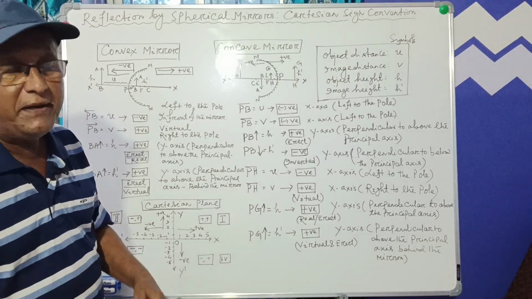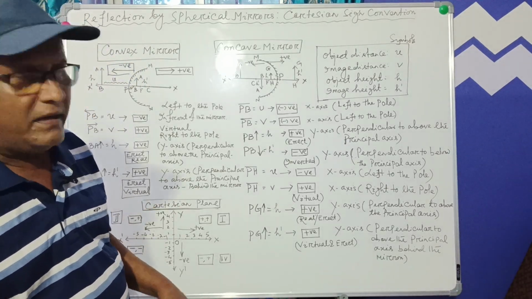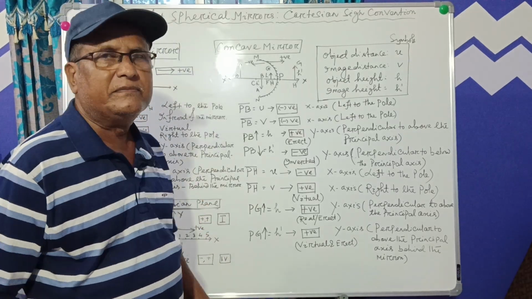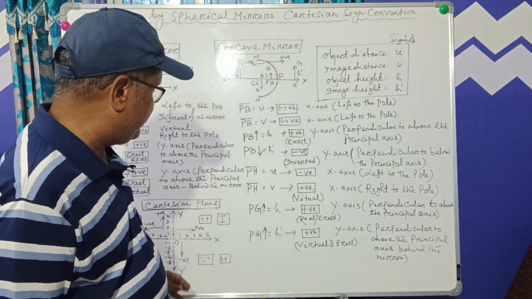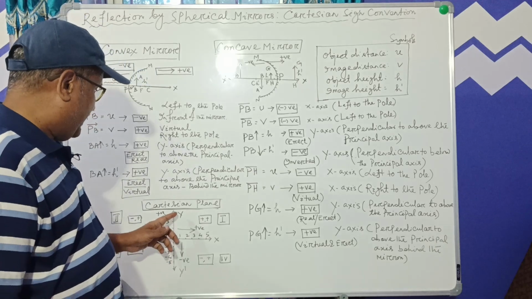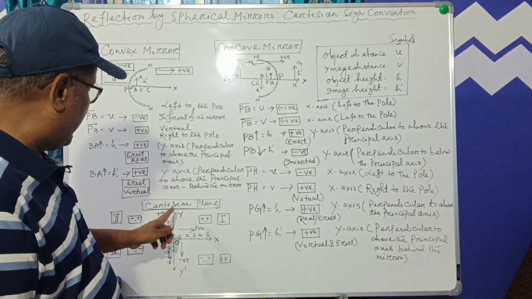So what is the Cartesian plane? Cartesian is a term that takes after the name of René Descartes, a French philosopher, scientist, and mathematician. A Cartesian plane has two dimensions, two number lines.